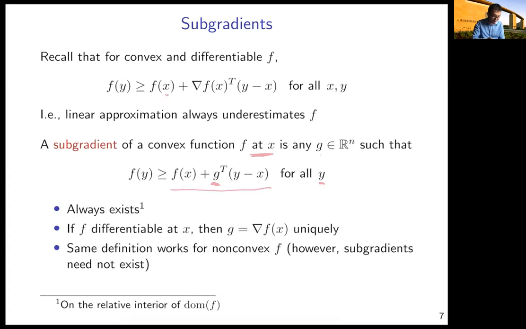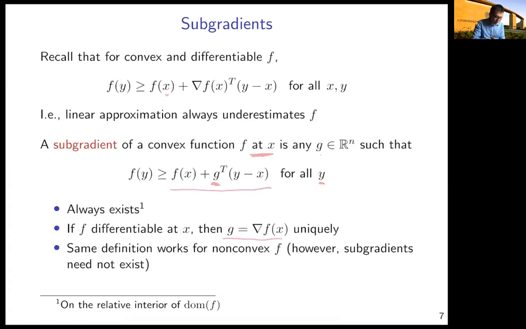But if f is actually differentiable at this particular location x, then the only g that satisfies this condition is the gradient. So you can think about subgradients as a generalization of the gradient, in particular for convex functions.